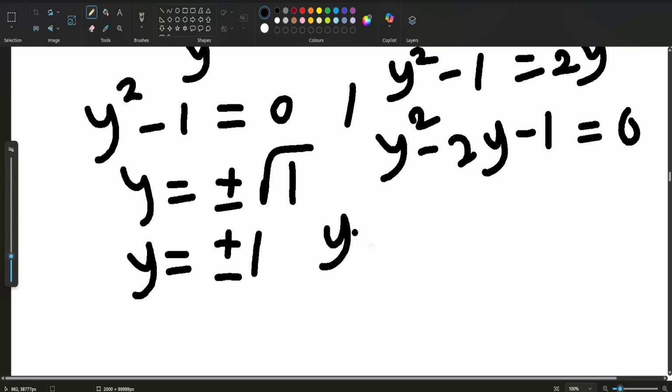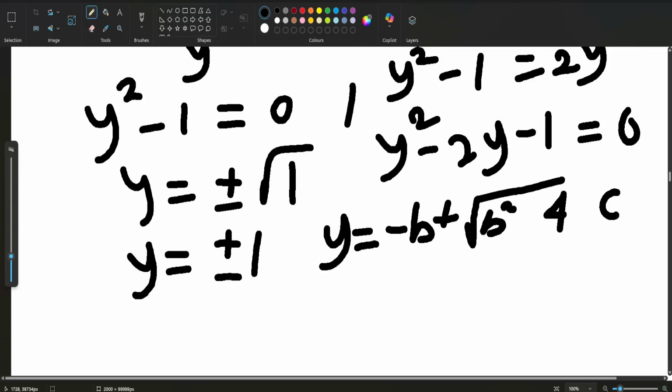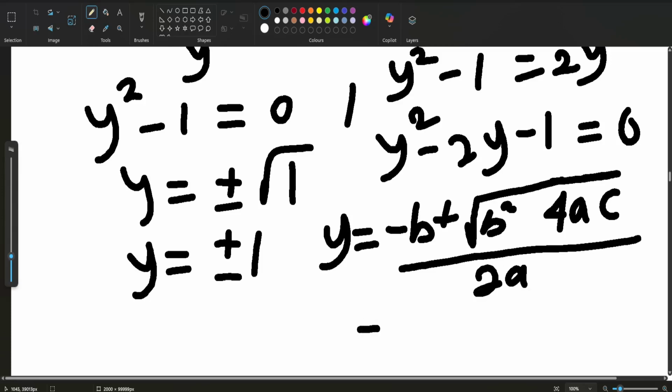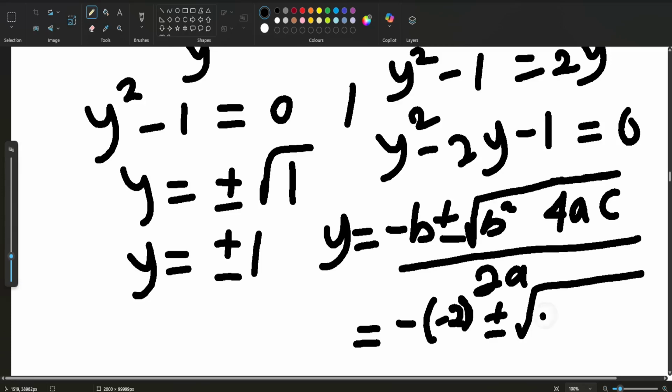So y will be minus b plus or minus square root of b squared minus 4ac, all over 2a, and that will be minus of minus 2, because b is minus 2 from that equation, then plus or minus square root of b squared, which is minus 2 squared, then minus 4.